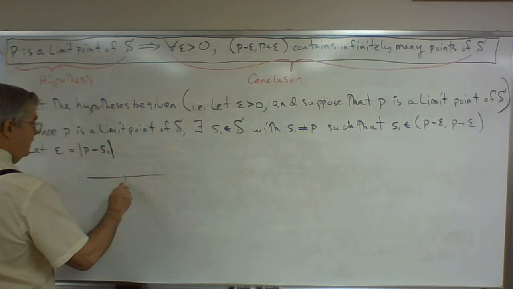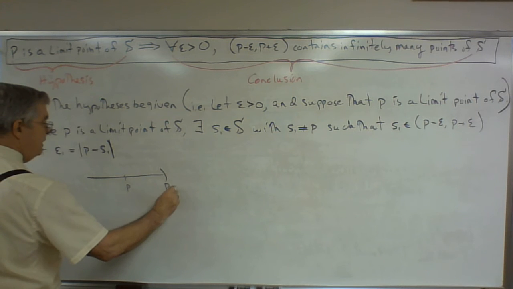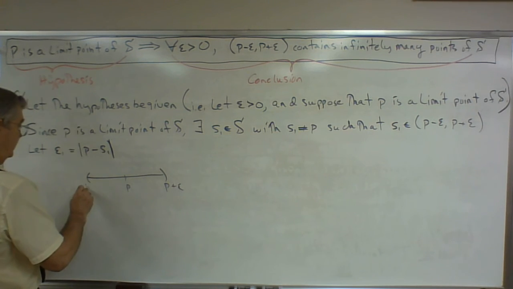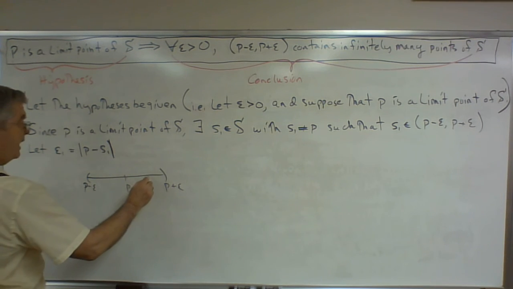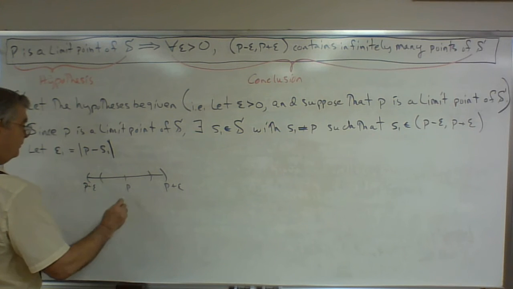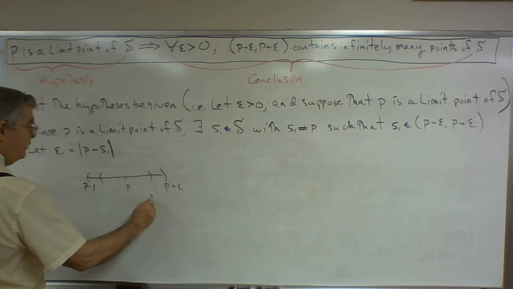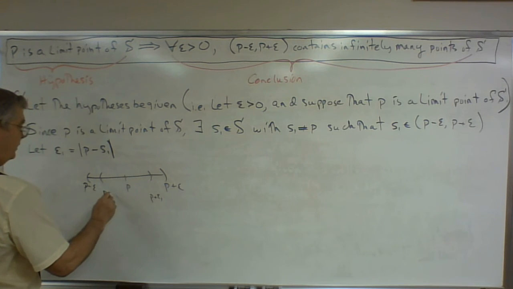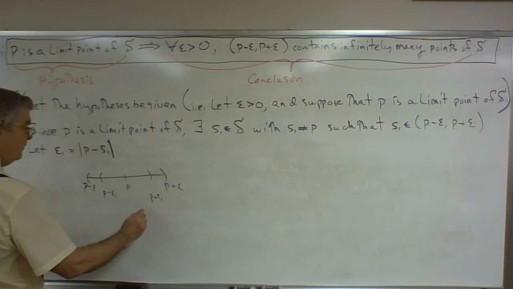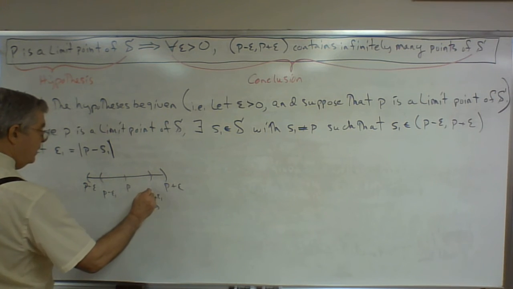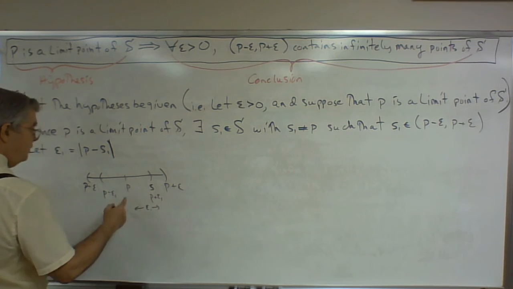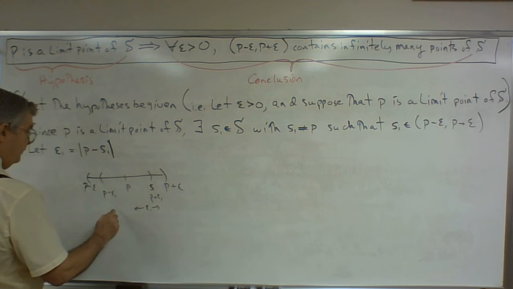Picture-wise, here's P, P plus epsilon, P minus epsilon, and S is one of these points. It's either P plus epsilon sub 1 or P minus epsilon sub 1, where epsilon sub 1 is the distance between P and S.